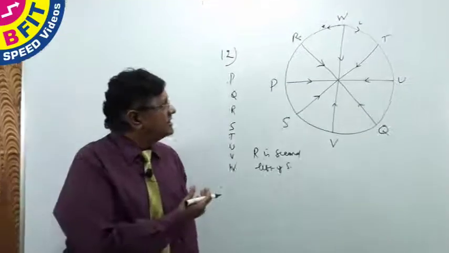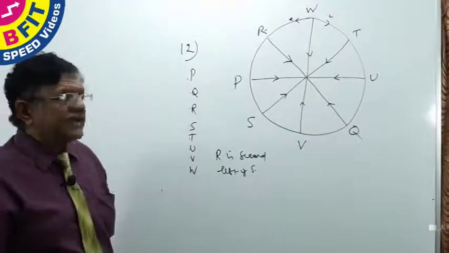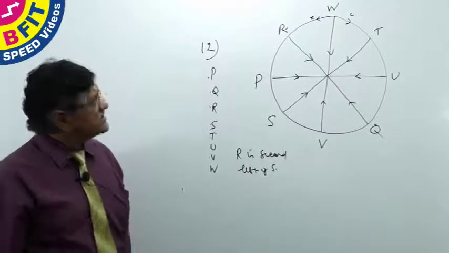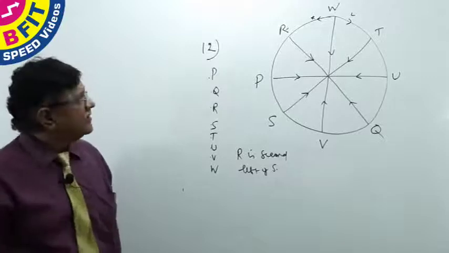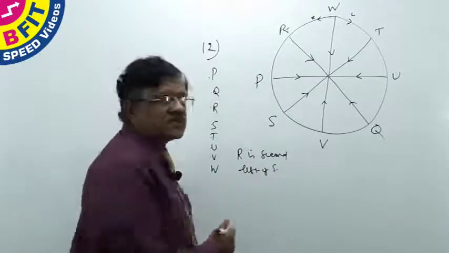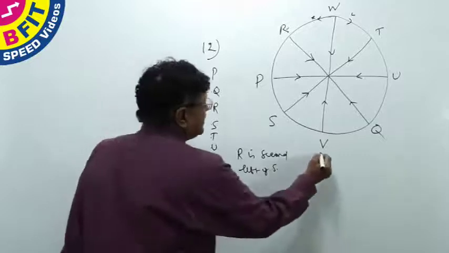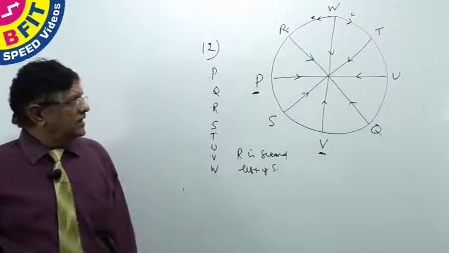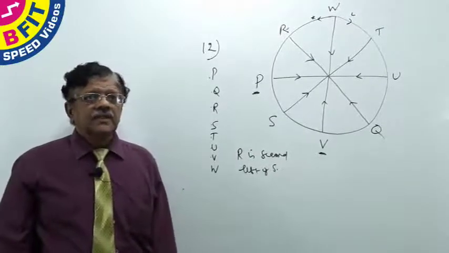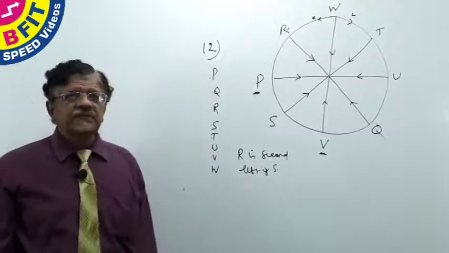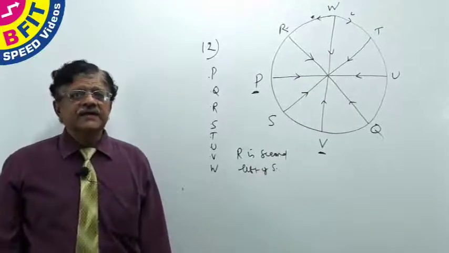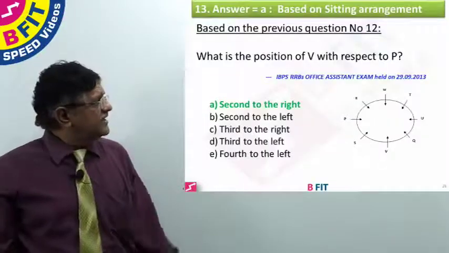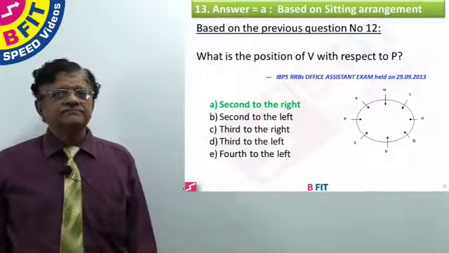We have already drawn the picture. The answer is second to the right. If you look at the picture, you will find that V is second to the right of P.